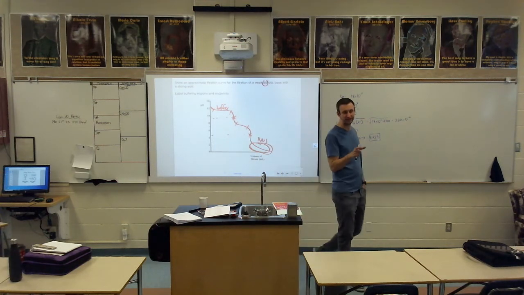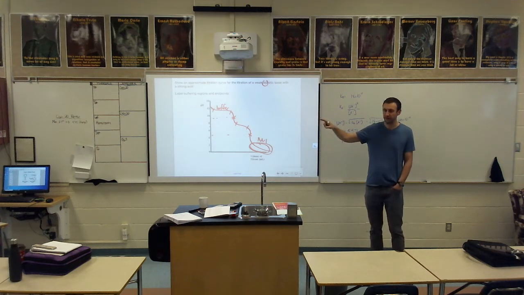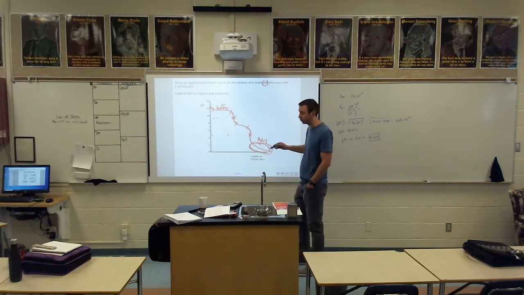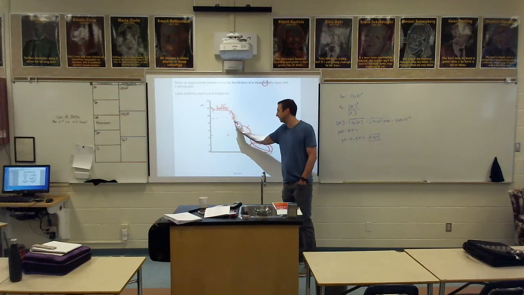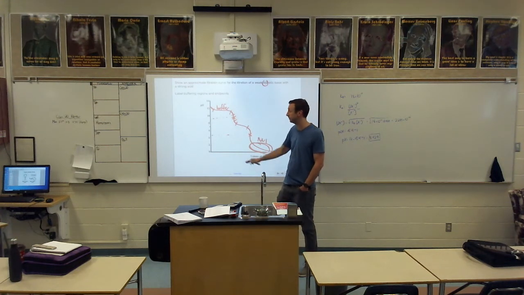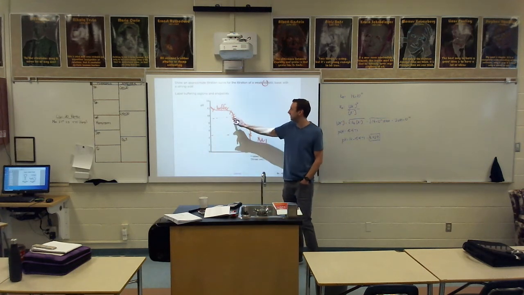When you're picking an indicator for a titration, you want to get the equivalence point and the endpoint as close as possible. So you want an indicator that changes color, so it has an endpoint at the range of the equivalence point.